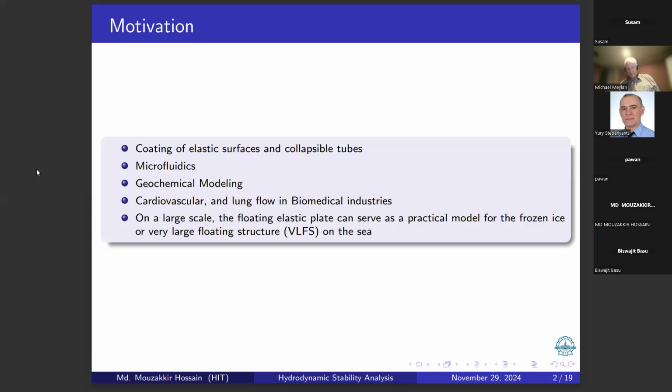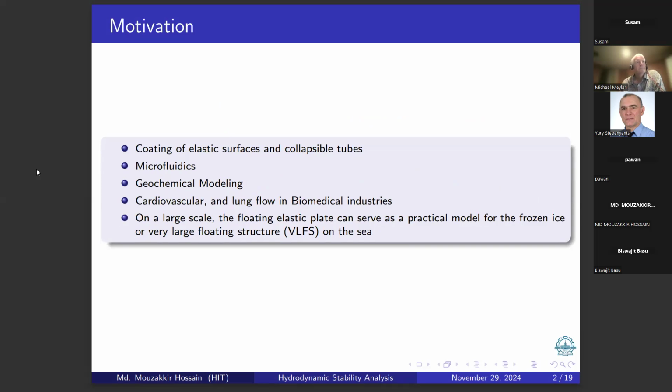This work is not totally about water wave problems. The application is basically the coating of elastic surfaces or collapsible tubes. If someone creates an efficient and accurate coating on elastic surfaces, one can use this model.